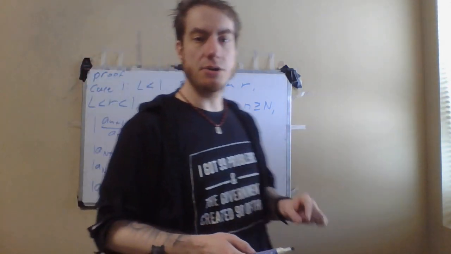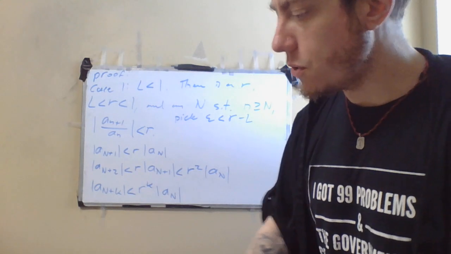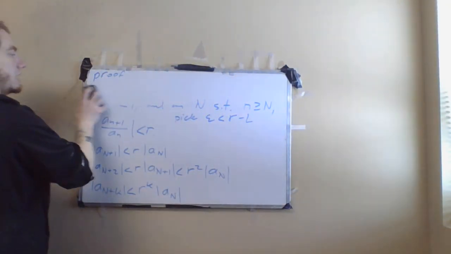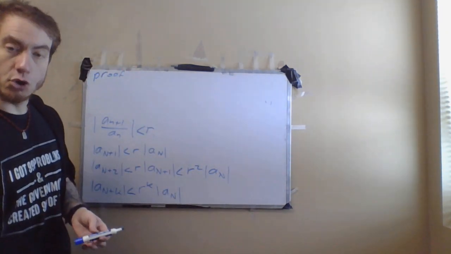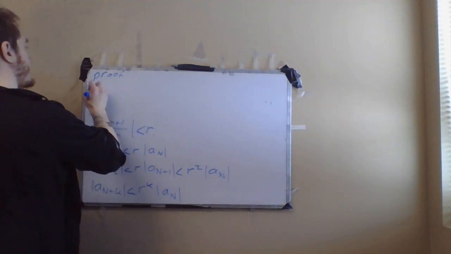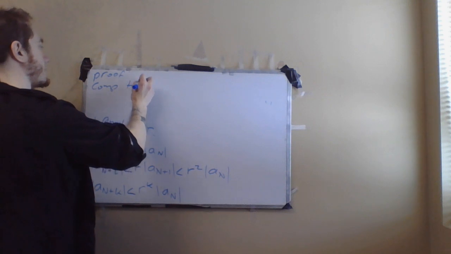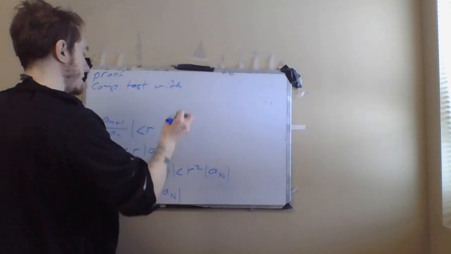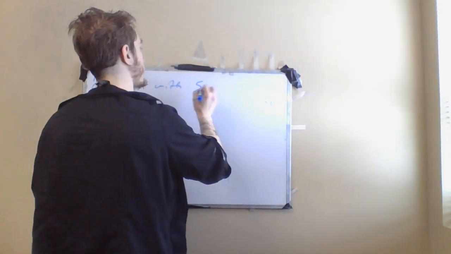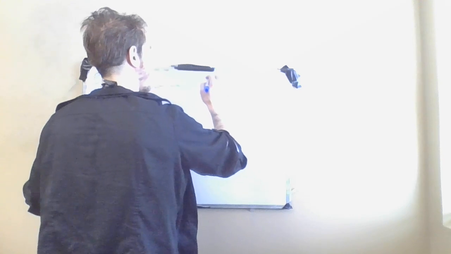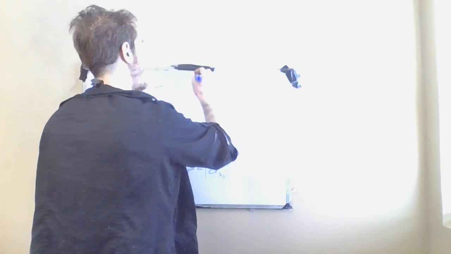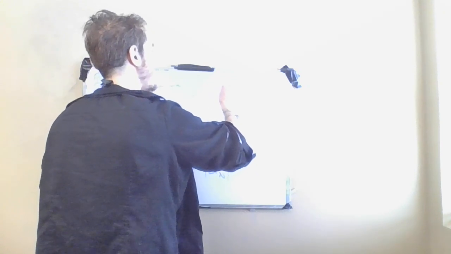So now what we can do is a comparison test to a geometric series. And the comparison test we're going to do is the sum from n equals capital N up to infinity of the absolute value of a sub n.